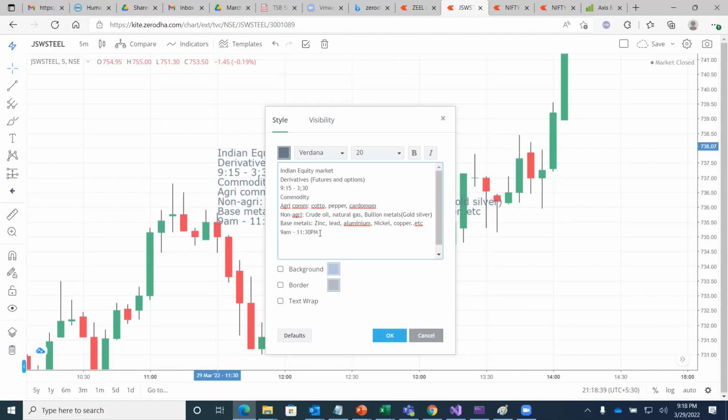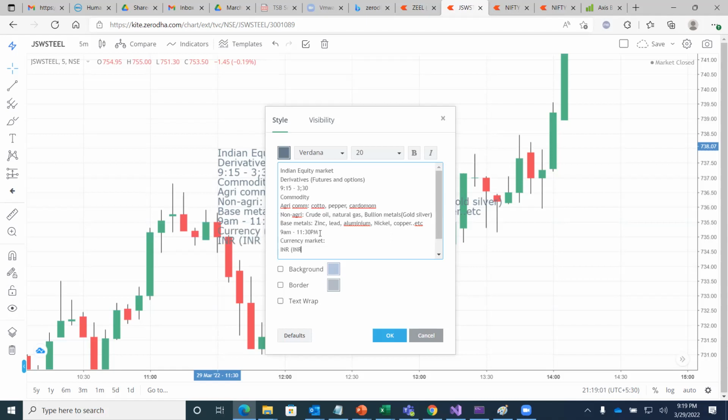Then there is something called the currency market. Whenever we say currency market, it is with respect to INR, Indian rupees. Any currency against Indian rupees is called currency trading, a currency pair.